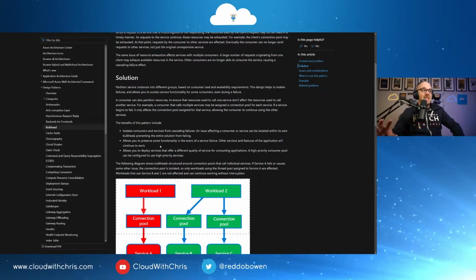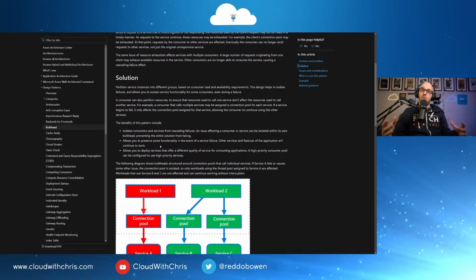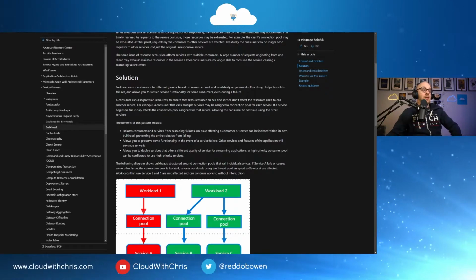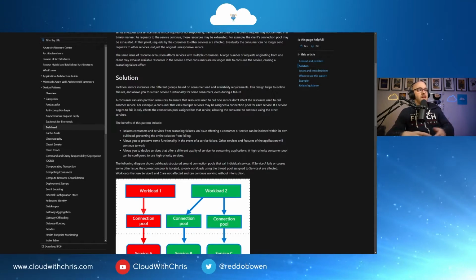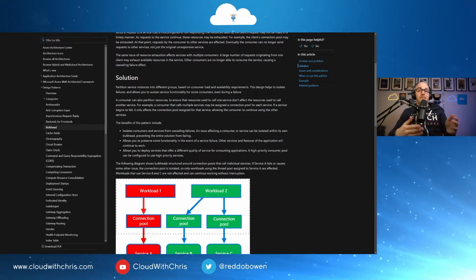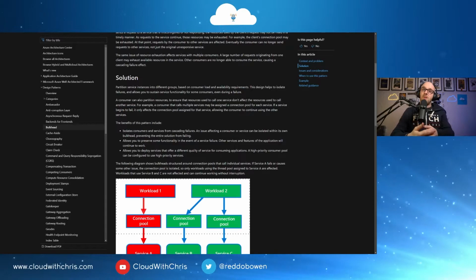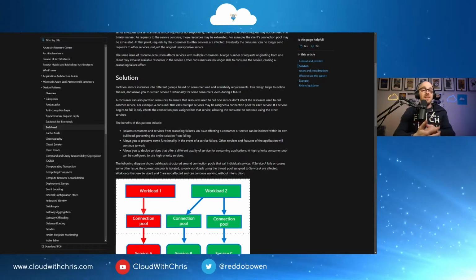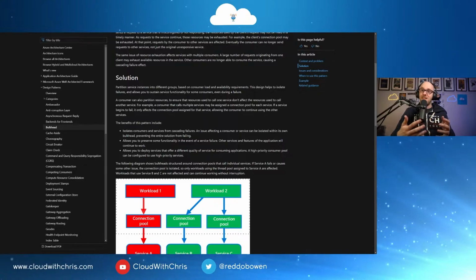So think about how you isolate from that underlying hardware perspective, because what you wouldn't want is this scenario where you're starving other services because of the underlying platform that you're hosting on. Now, ultimately, that partitioning across those different hardware pieces, you need to think about how you partition across the different logical areas as well.